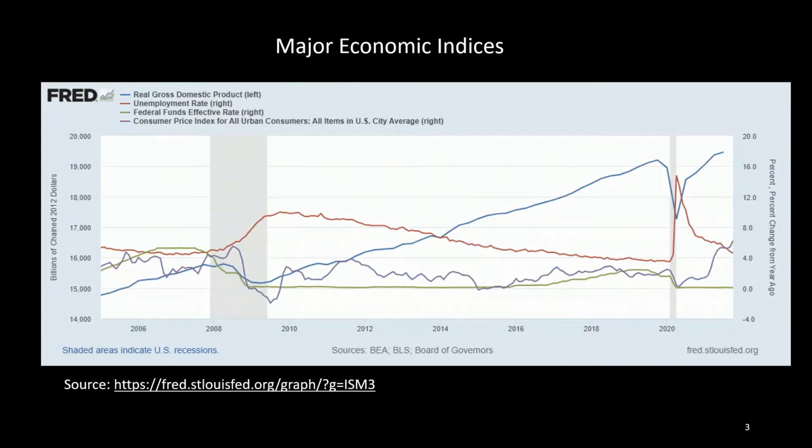Now, I presented the majority of this chart of major economic indices in a previous To the Point episode. However, due to the impact of inflation, we have now added it to the graphic. You can see where inflation is now above the unemployment level for the first time on this chart dating back to 2005.